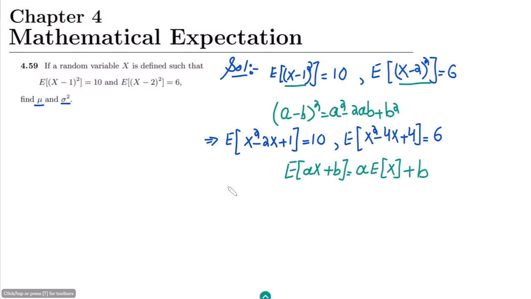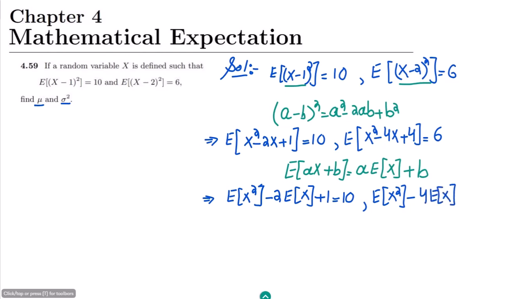Applying the same formulation here, we would get expected value of X^2 minus 2 expected value of X, and the expected value of 1 is 1 since it is a constant, and this equals 10. Similarly for this one, E[X^2] minus 4E[X] plus 4, and this is equal to 6.